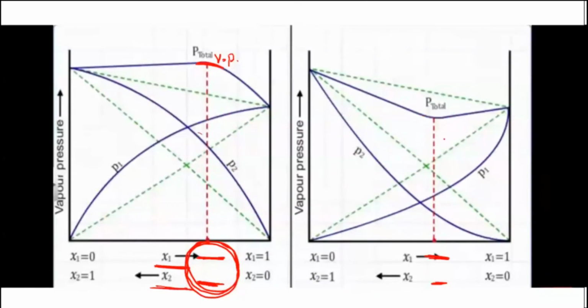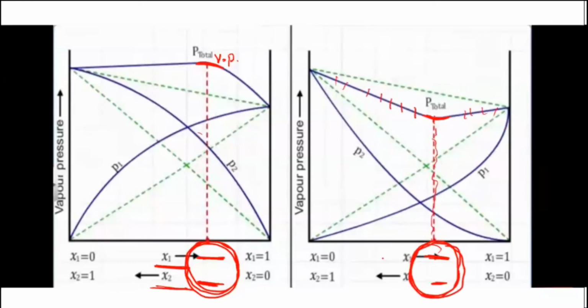Similarly, the vapor pressure for the solution has become minimum at this point, and when you drop the line downwards, you see this happens at one particular composition. Not all compositions, because at different compositions you can see a different behavior. Only at this point are they showing a drastic change.